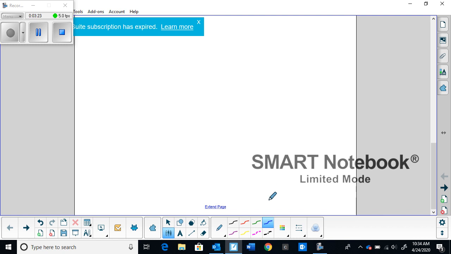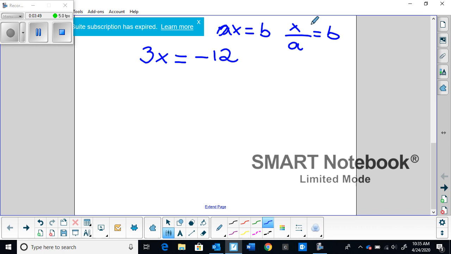So the first thing, okay, that we're going to look at is just the format, okay? So I'm going to write a linear equation. So the first format we're starting with is going to be this one. Okay, so you're either going to see ax equals b or x divided by a equals b.